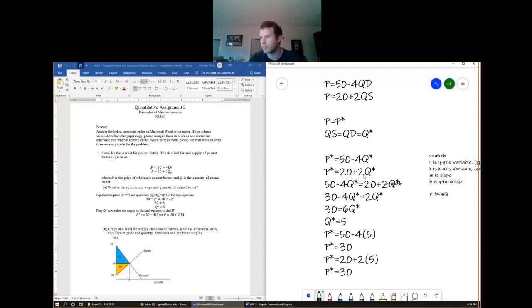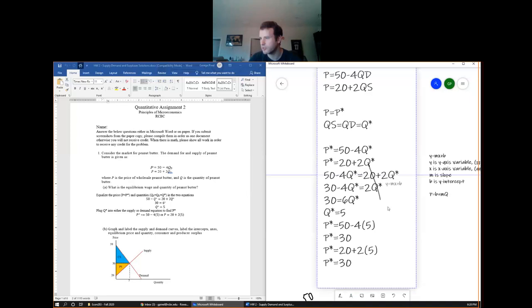That'll be your x-intercept at -10. And then for demand, 0 equals 50 minus 4q star. Add 4q star to both sides. 4q star equals 50, so divide both sides by 4. 50 over 4, 12.5 will be your x-intercept.